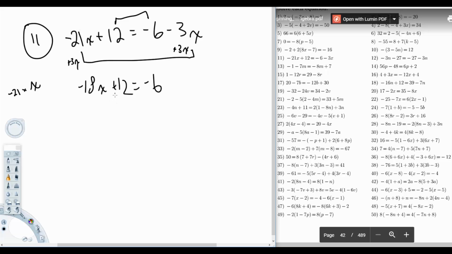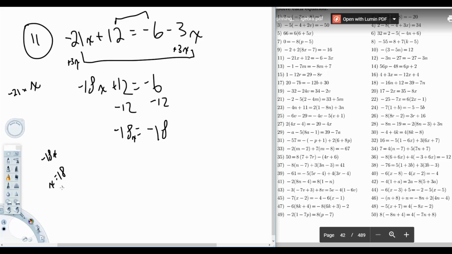To get rid of the 12, I subtract 12 on both sides, and I get minus 18x equals minus 18. Looks hard, doesn't it? But it isn't. To get minus 18x, I had to do x times minus 18.